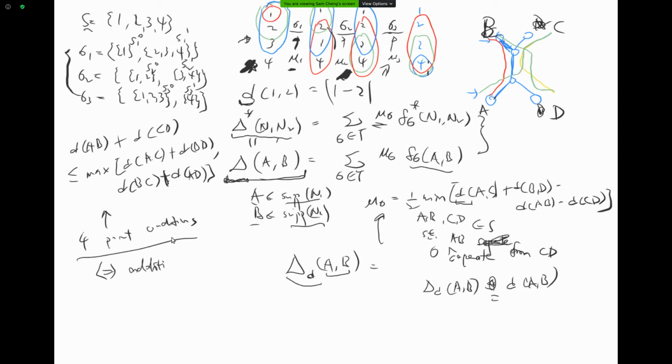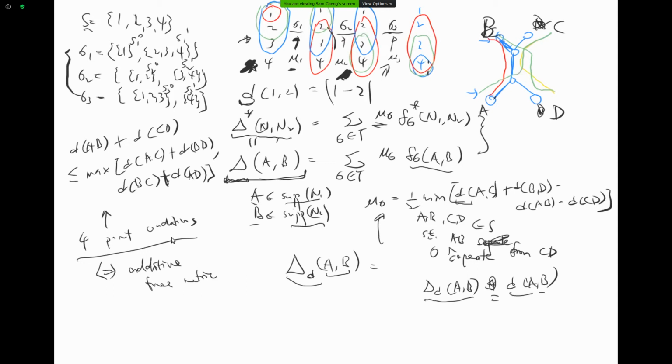It's a way to verify whether your metric is additive. So Theorem 2 is basically saying that if your metric is additive, then the induced metric will be equal to your D precisely.